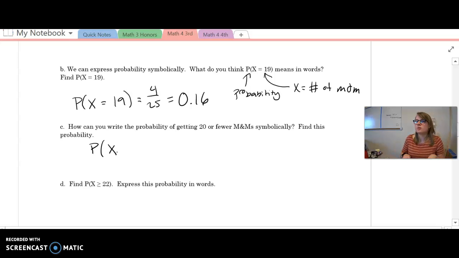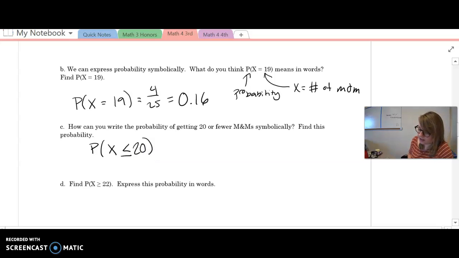So we want to get 20 M&Ms or anything lower than 20. So I think 20 should be going in there, and 20 is going to be our greatest value, or equal to it. And that's my symbolic representation.